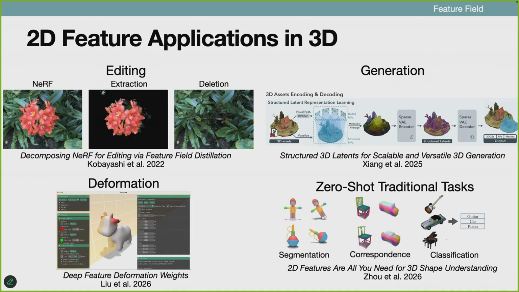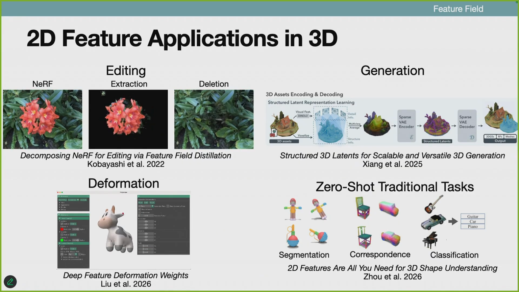Okay. So we've seen a ton of applications already for 2D features for 3D tasks. Some other ones not yet mentioned include implicit surface editing, generation, more traditional tasks like segmentation, correspondence, and classification, and deformation.